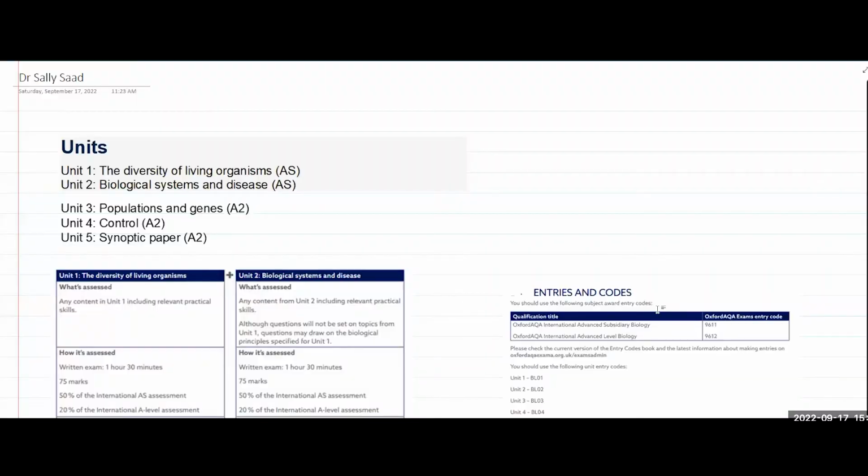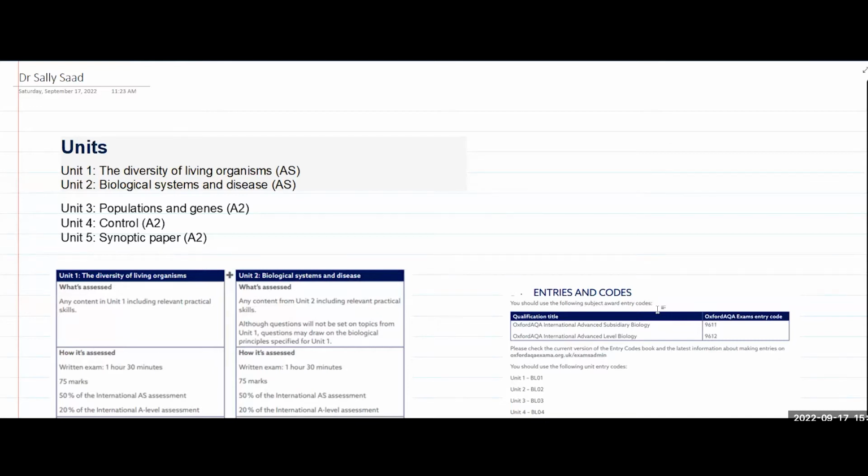I think you know that the A level, AQA International Biology, has 2 units for AS and 3 units for the A level: 1 and 2 for AS, and 3, 4, 5, the synoptic paper related to the practical, for A level. Let's quickly say some things about the board and the assessment of that board.